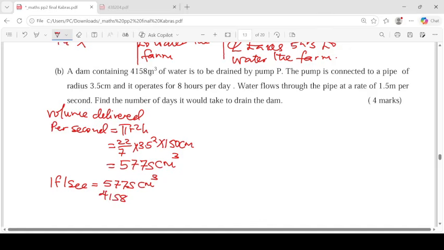And because it is in cubic meters, I'll now multiply this by 100, 100, 100.